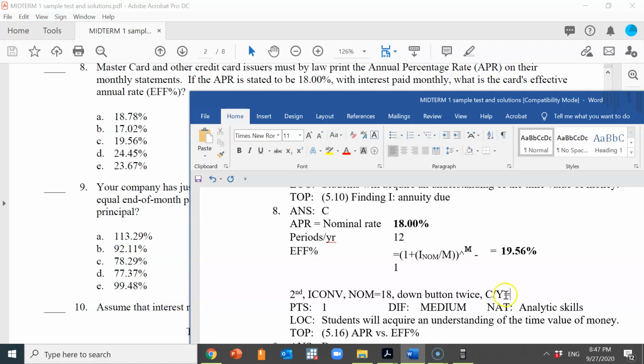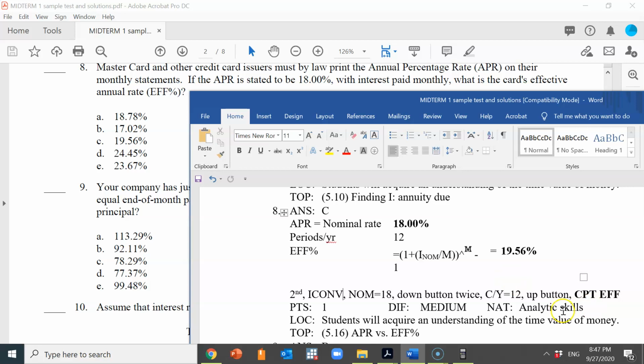We enter it as 12, up button, compute for our effective annual rate. That also gives us the same number, 19.56.